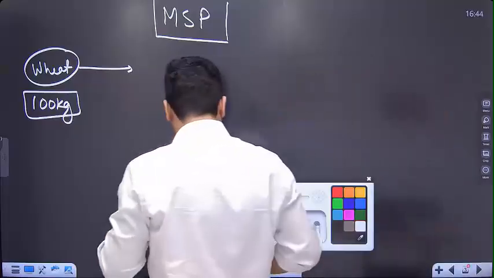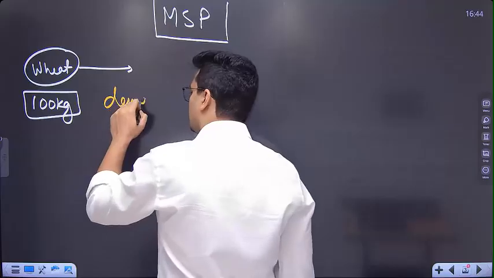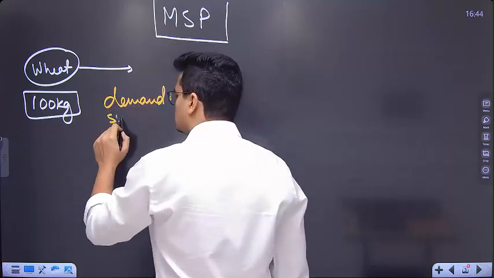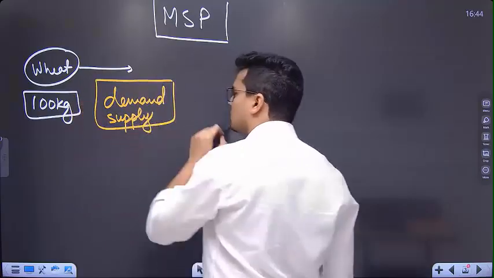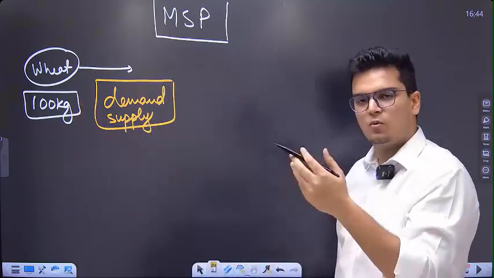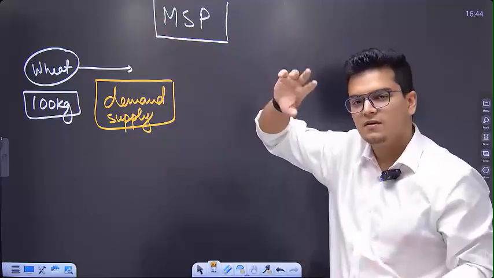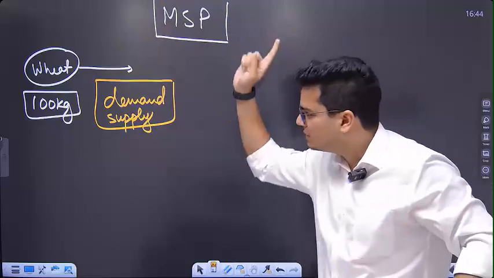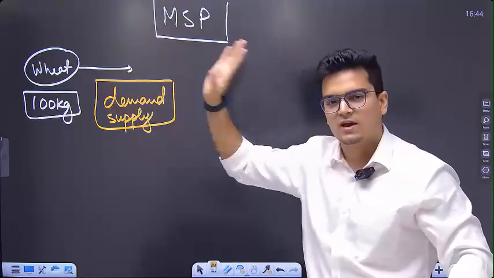Price of anything is determined only by two things: the demand and the supply. So ideally, it should be a demand supply metric, that what is the demand for wheat, what is the supply for wheat. But we have seen that we were in a condition when the green revolution was happening, when we needed to increase production of wheat at all costs.